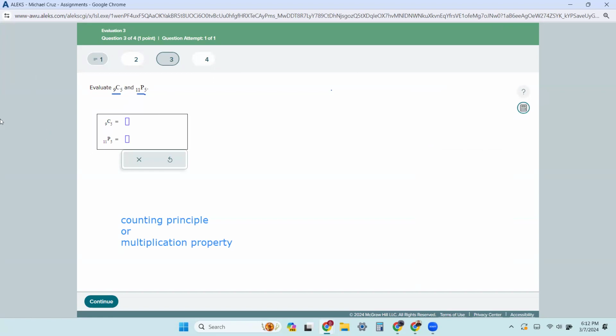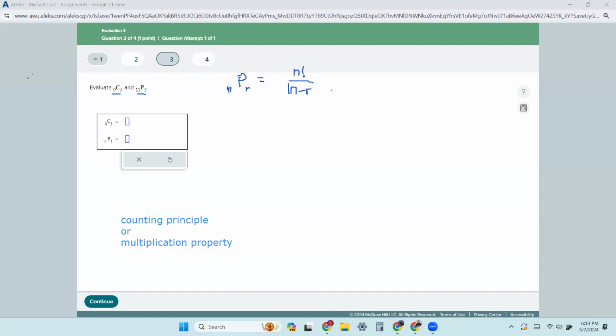So here's the permutations formula. I'll tell you what, I'm going to type it out.